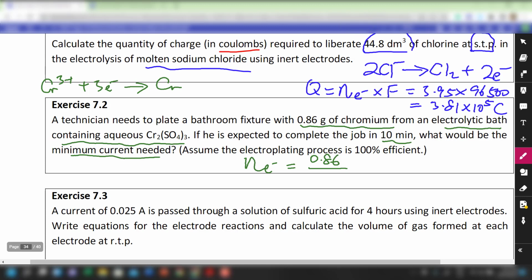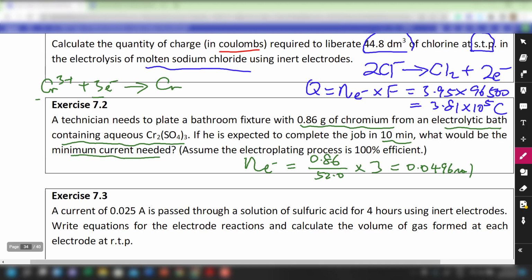So that's divided by 52.0, and then remember the ratio is 1:3, so multiply by 3. If we punch our calculator, we should be able to get 0.0496 moles.